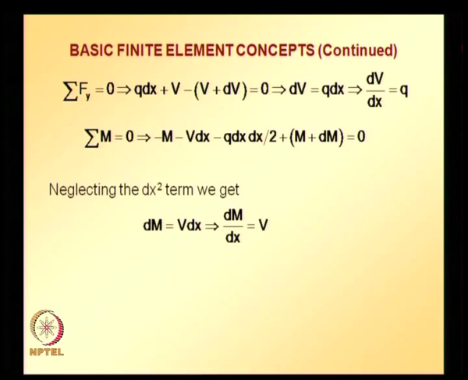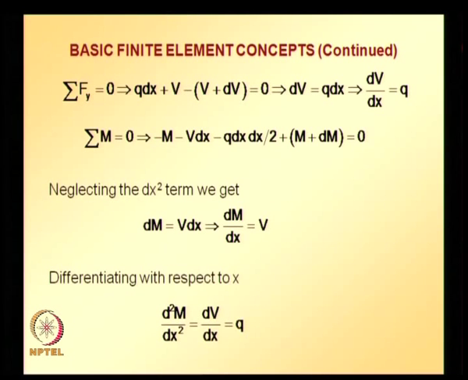So, the first equation gives that the spatial derivative of shear force is equal to the applied distributed load, and the second equation gives that the spatial derivative of moment is equal to shear force. We can differentiate the second equation with respect to x one more time, and we get this equation.